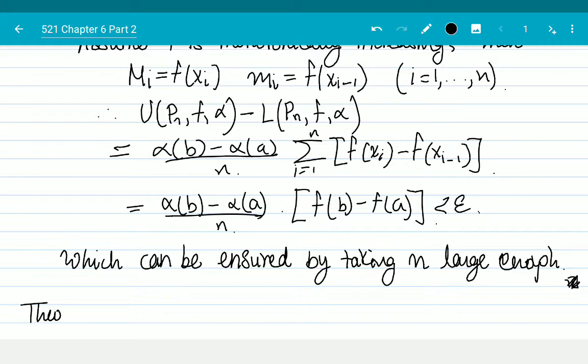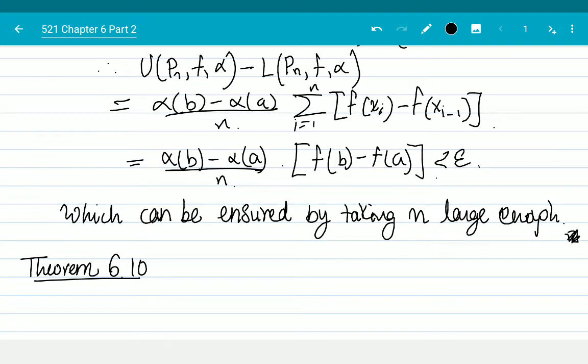Theorem 6.10. Now, suppose instead of monotonic, can I do something even less strict? How can I make the assumptions weaker so that I can get a more general result?